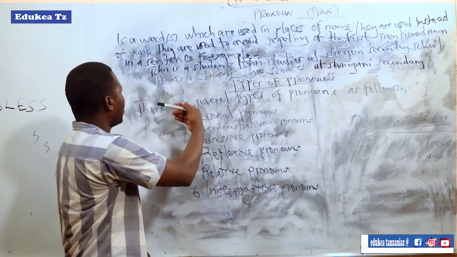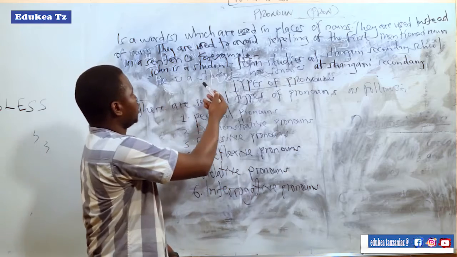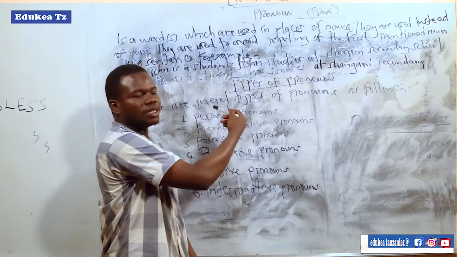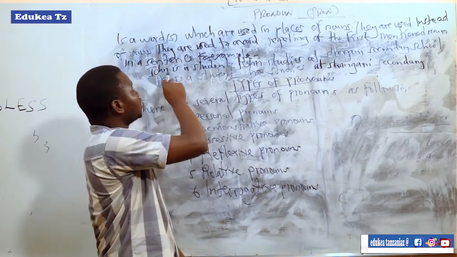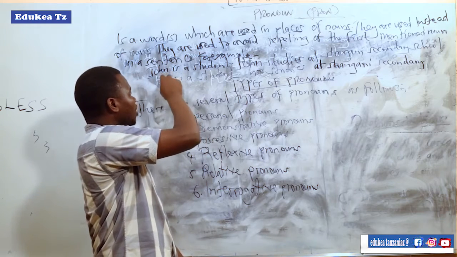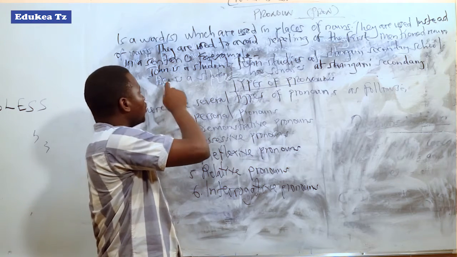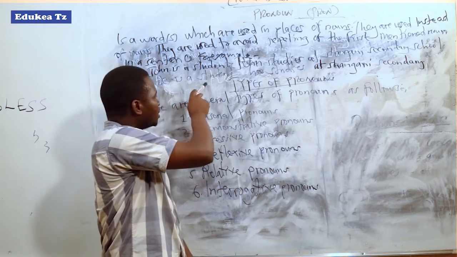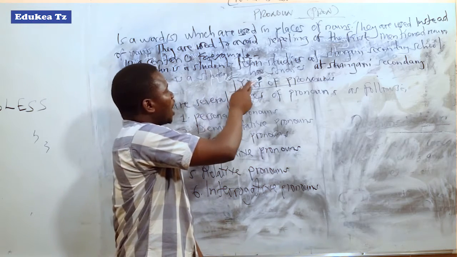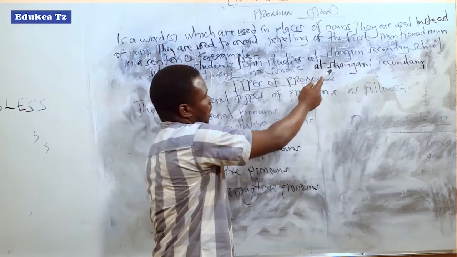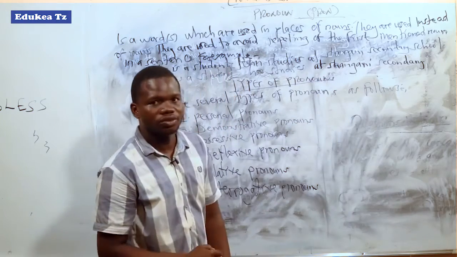So we will have: he is a student. That means John is a student, but now instead of John we use the pronoun he. Again, he studies at Shangani Secondary School.